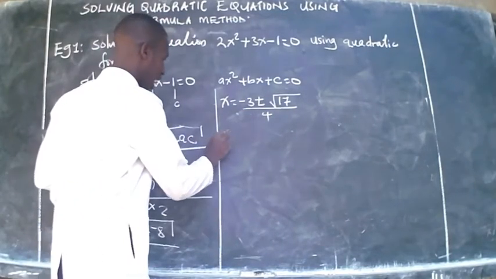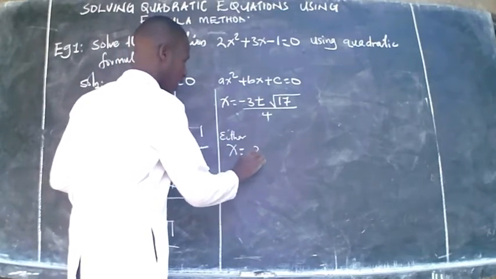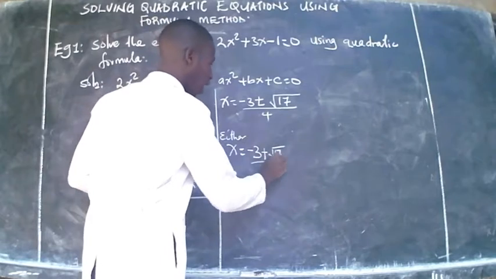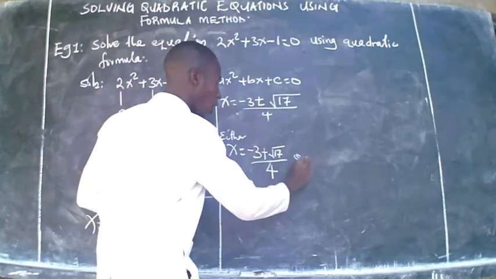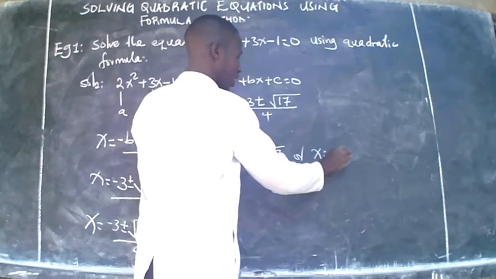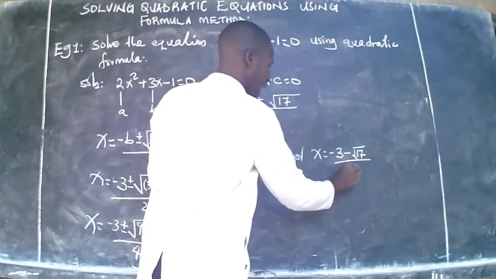So you say either x equals negative 3 plus root 17 over 4, or x equals negative 3 minus root 17 divided by 4.